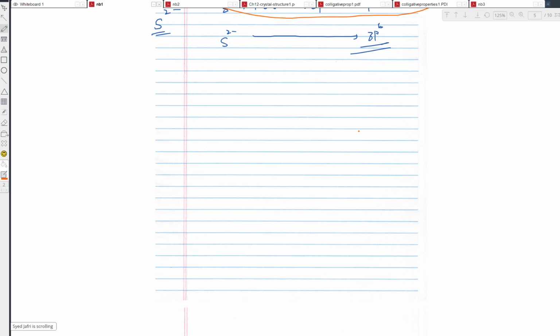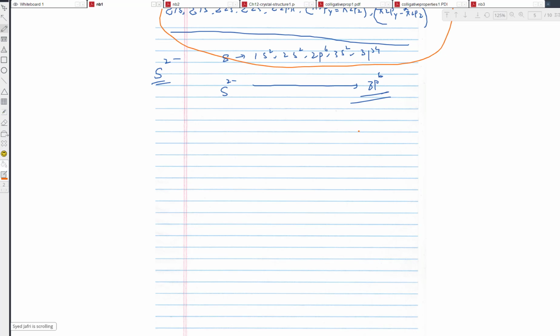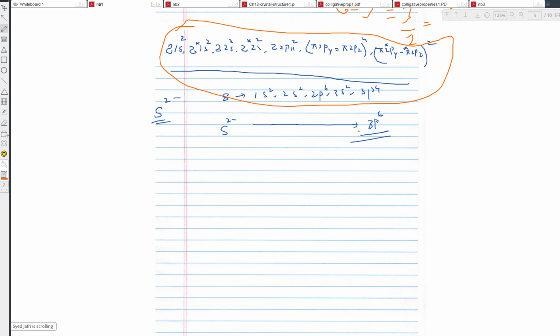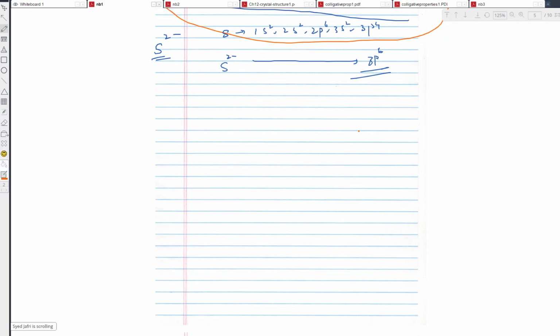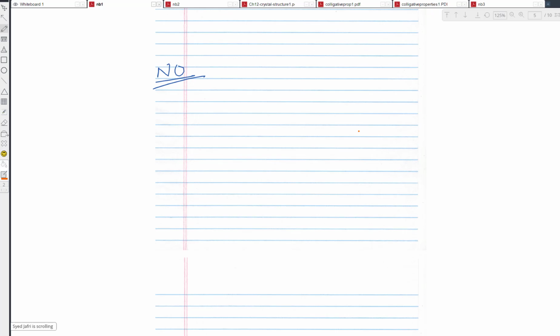What about sulfate? That would be too much. They will give you only a diatomic molecule. Let's take NO. They are not going to give you different atoms, but let's take a similar type of thing.